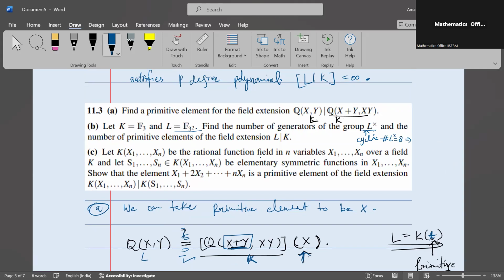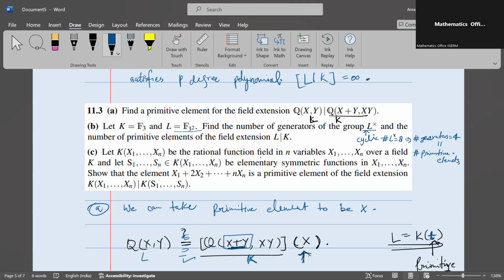So the number of generators is equal to phi of it, the Euler phi function of it, and that will become 4. This is also the same as the number of primitive elements. We have already seen these things, if you remember, in previous classes.